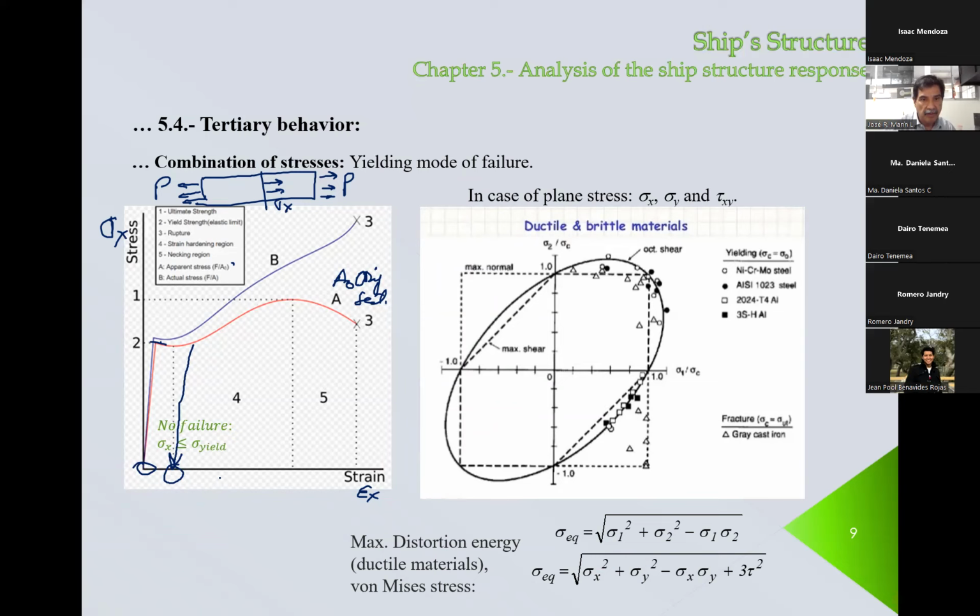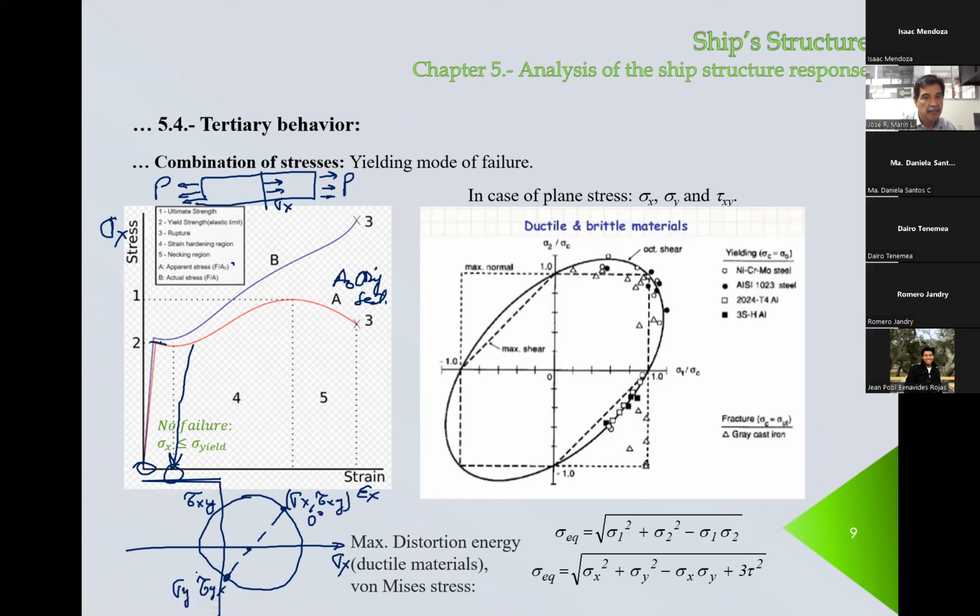We're talking about the plane stress situation, right? If this is sigma x and this is tau x, something like this is a Mohr circle. So you have, for example, this point here is going to be sigma x and tau xy. This is for 0 degrees, and you plot it like this. This is sigma y and this is tau yx.